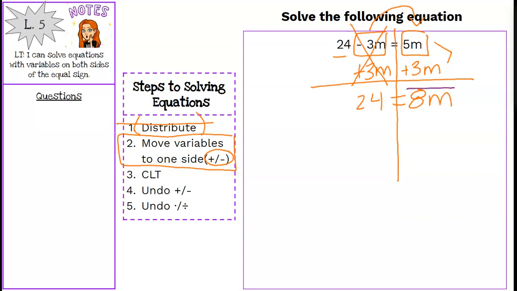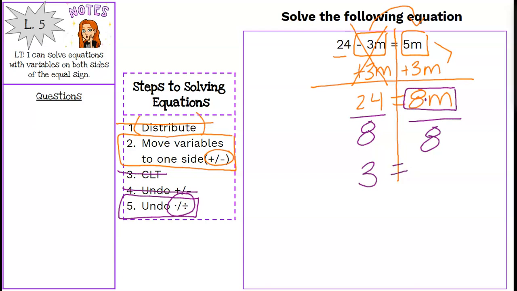Now if I look, 8m is the only thing over here, which I know means multiply, which means we don't have to do step 3 or 4, but we do have to do step 5, which is undo that multiplication with division. So we're going to divide by 8 on both sides. 24 divided by 8 is 3 equals 8 divided by 8 cancels, leaving us with m.